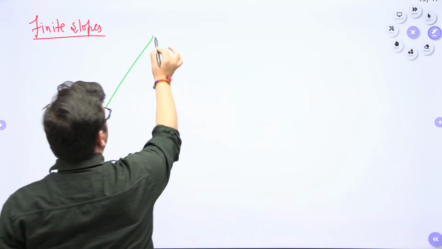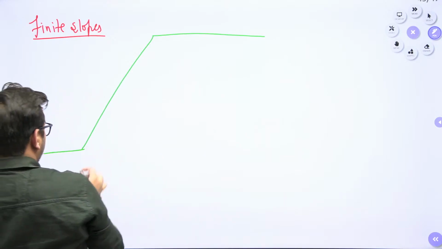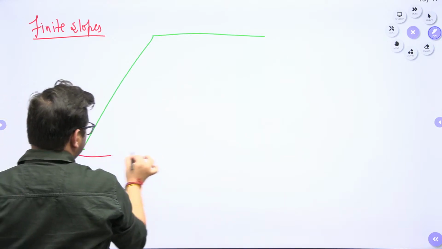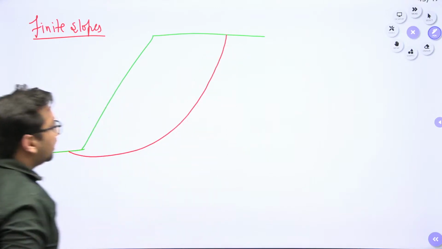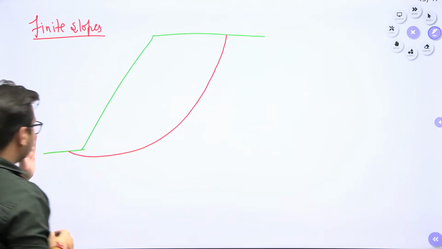Let's suppose this is the finite slope, and in this the failure is in the form of a circular arc. Definitely this circle will have some radius.